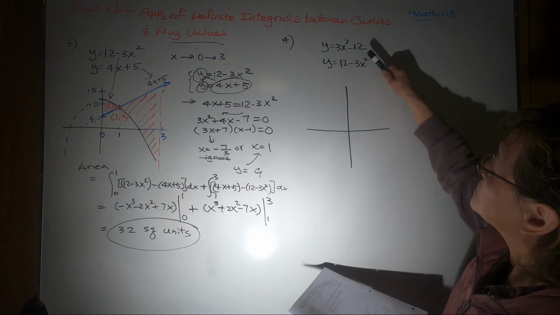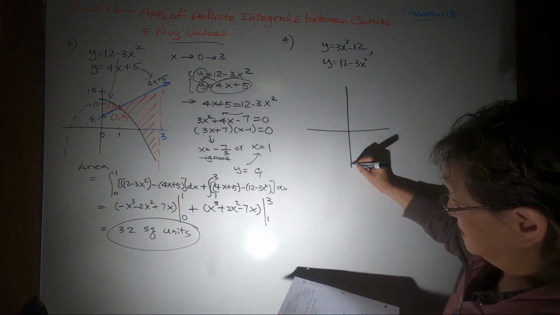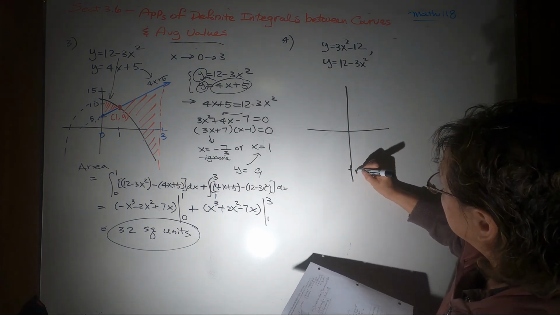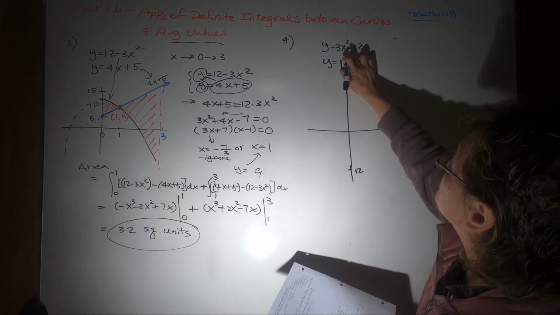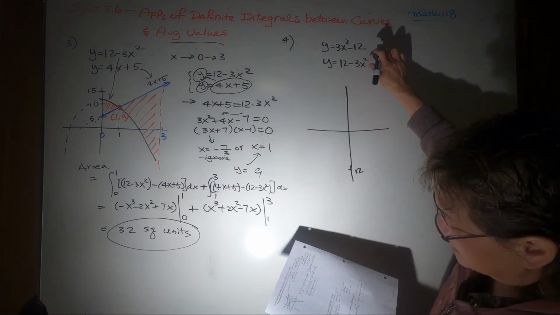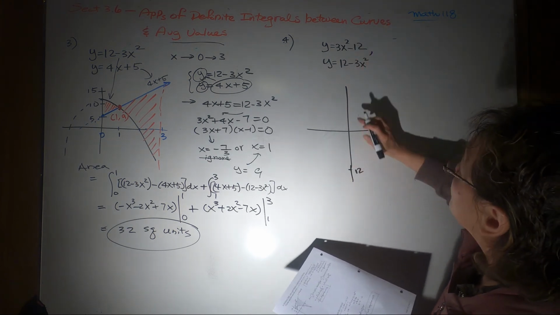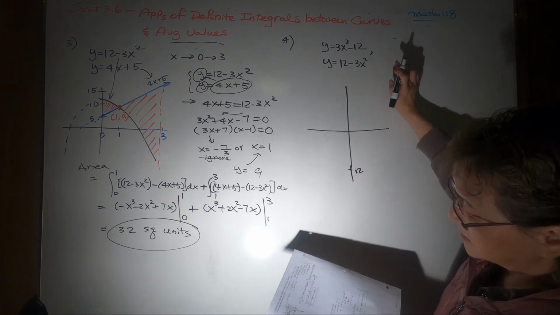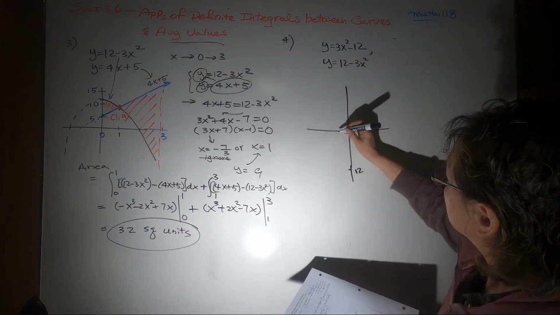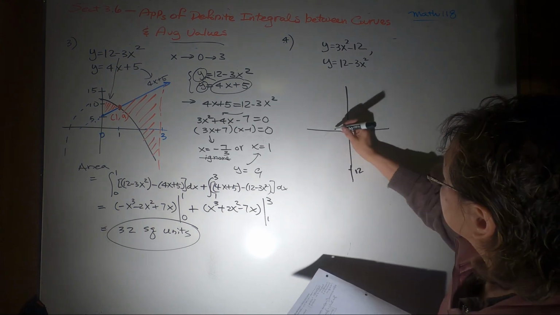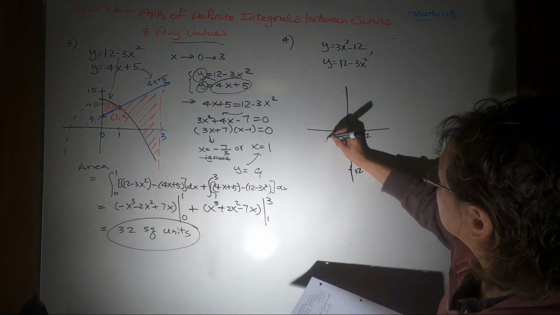So this one opens up, with vertex at x is 0, y is negative 12. When y is 0, x is what? 2 and negative 2.